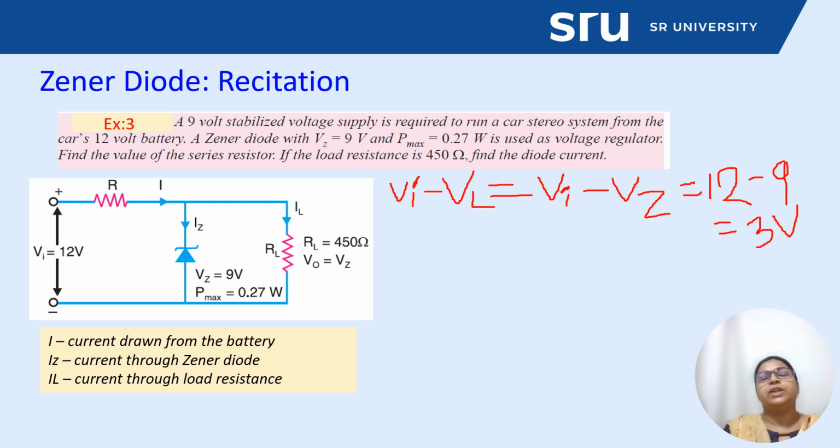Now we know the potential difference across RL, VL, is equal to Vz, so it will be 9 volt.